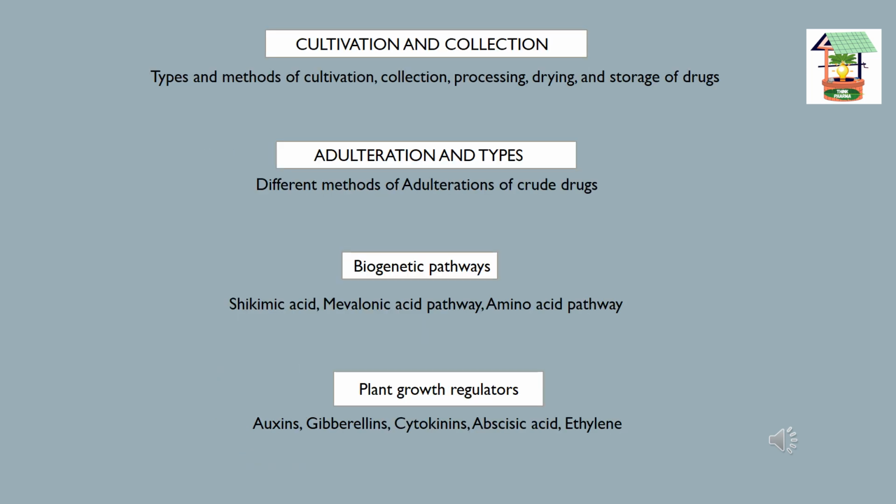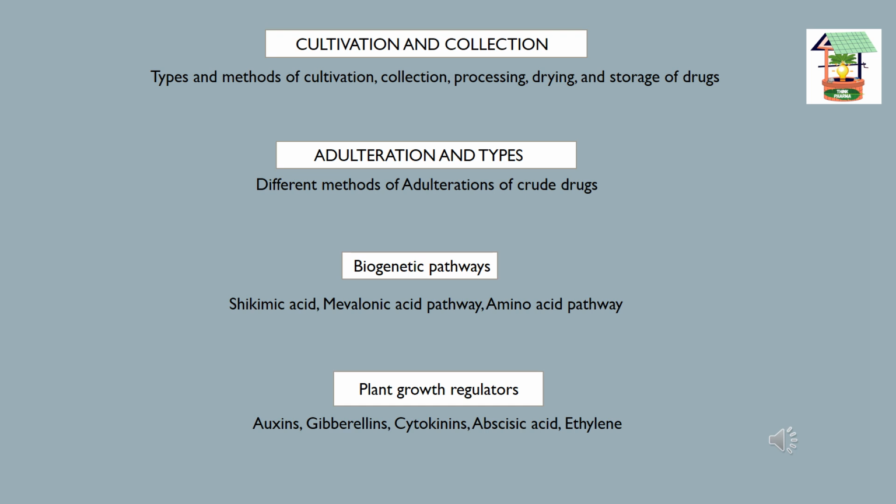And next is cultivation and collection, meaning how we cultivate the medicinal plant and how we collect it. To cultivate and collect, there are different processes to get a good yield of the medicinal phytoconstituents. There are different methods and types. And then processing, drying and storage of drugs.